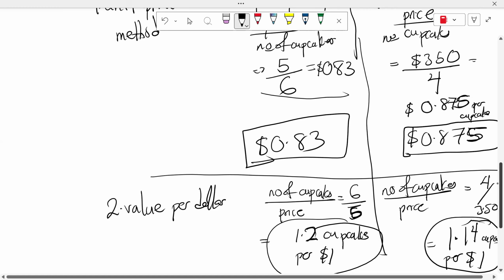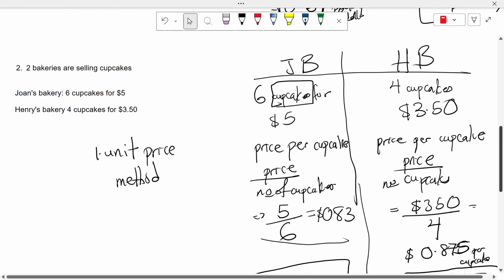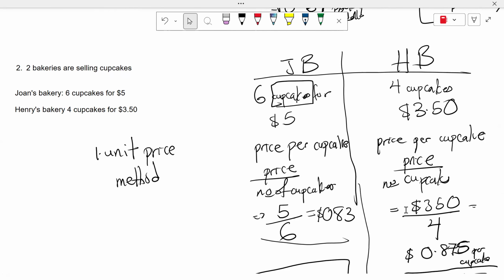Again, the difference isn't much, but this definitely has the better value because you're getting more cupcakes per dollar. Joanne's Bakery has the better value overall. All right, so we have reviewed the two methods, and we can see that we get the same answer.